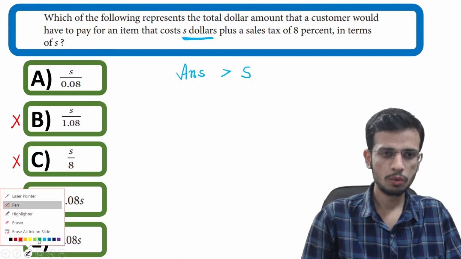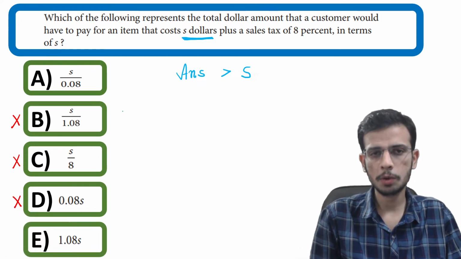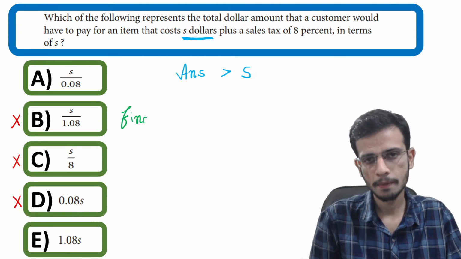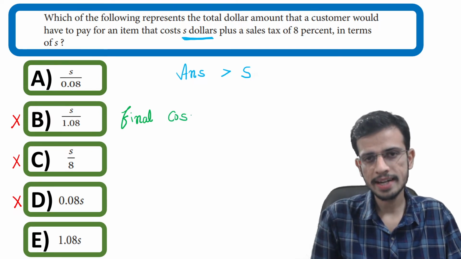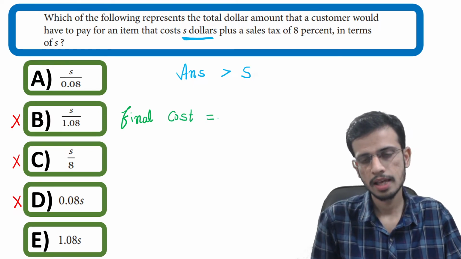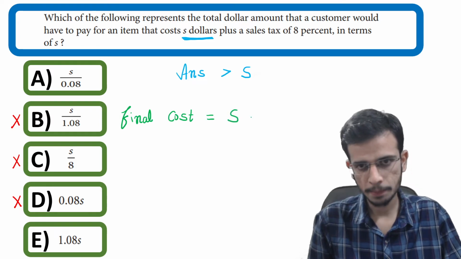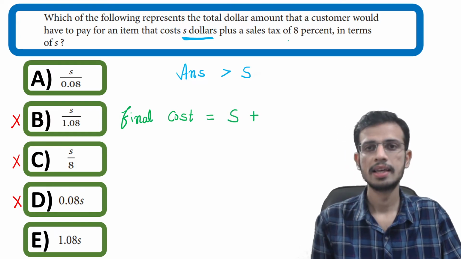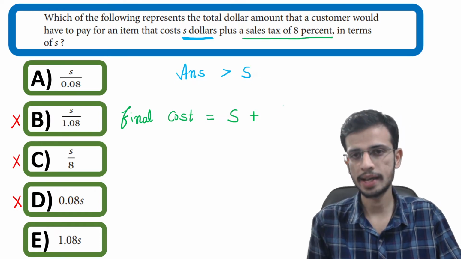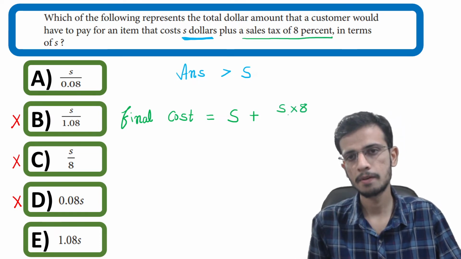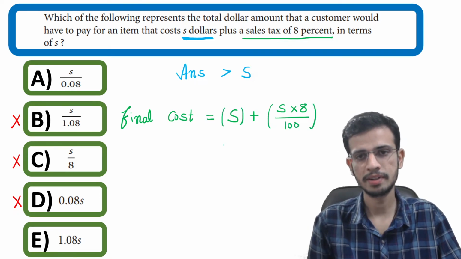So what will be the final cost that the customer will pay? We can write S plus 8% of the cost price as a sales tax. So S into 8 divided by 100, right?